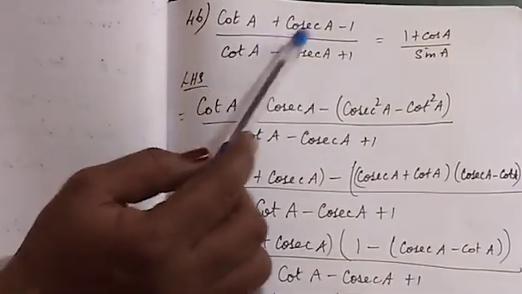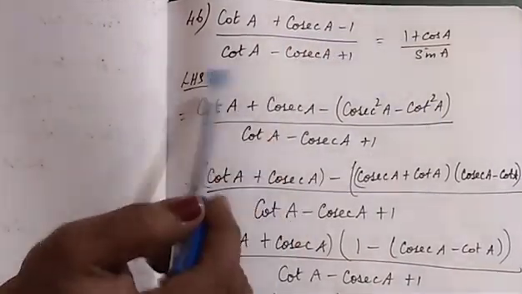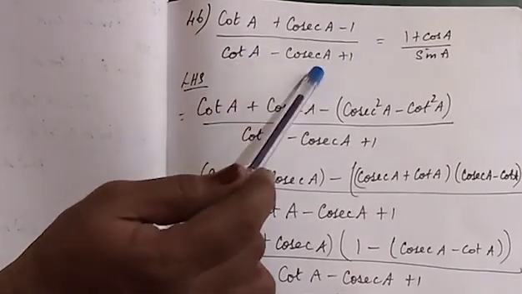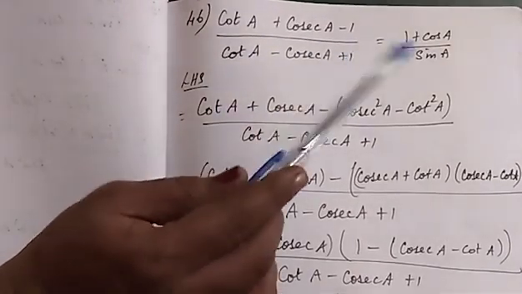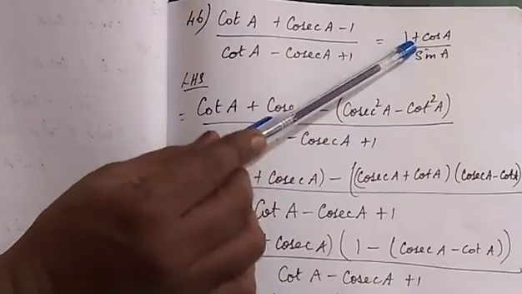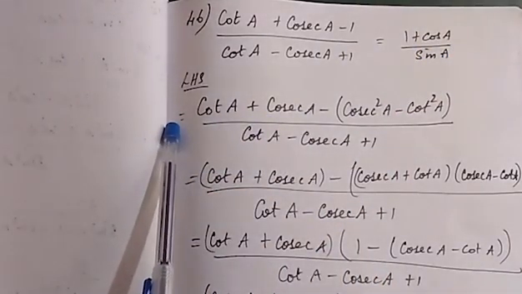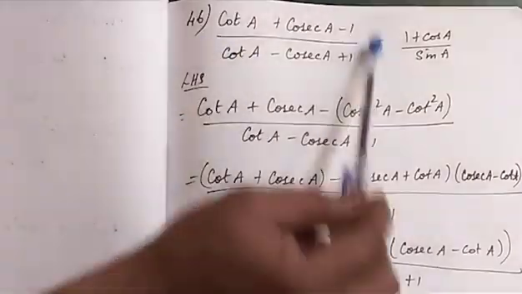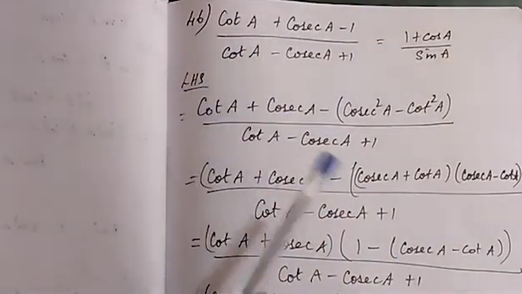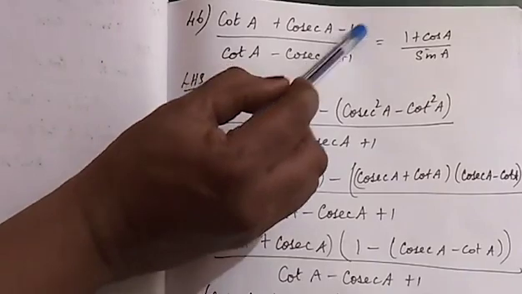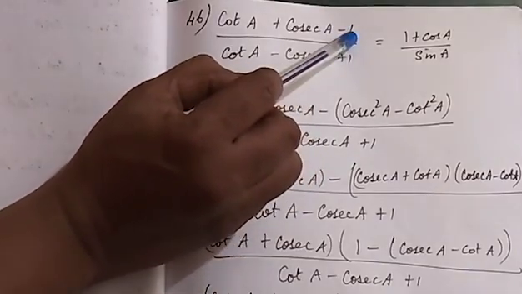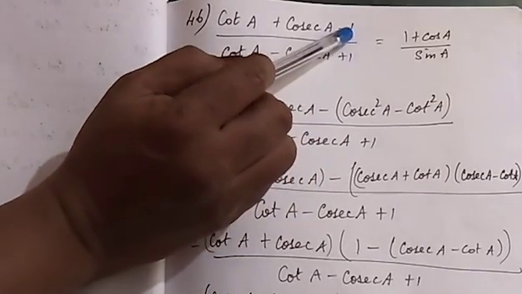Question number 46. Cot A plus cosecant A minus 1 upon cot A minus cosecant A plus 1 is equal to 1 plus cos A upon sin A. Okay. So take the left hand side. What I am going to do is change only this one.